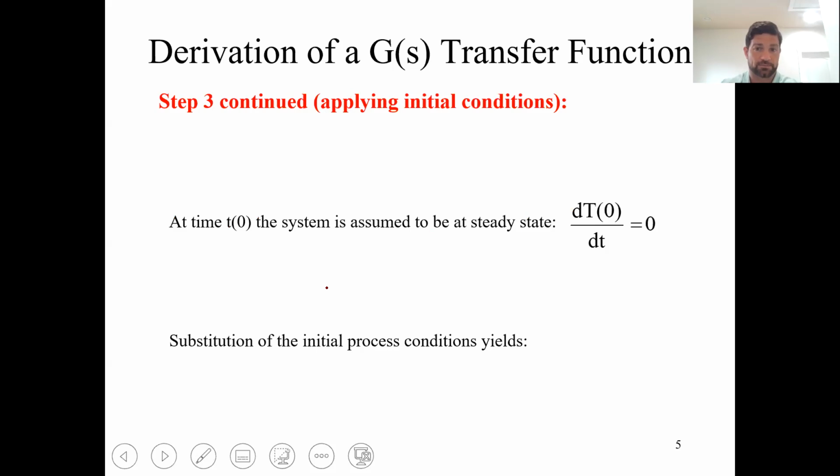And then we can rewrite. We can continue here. So define the process variables and simplify.